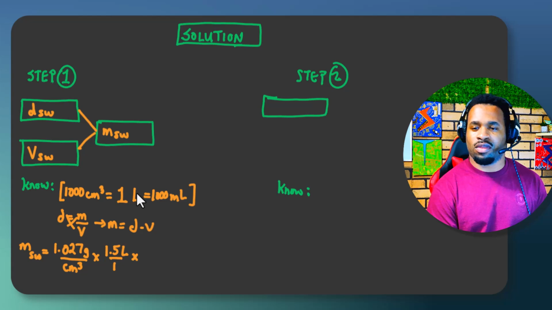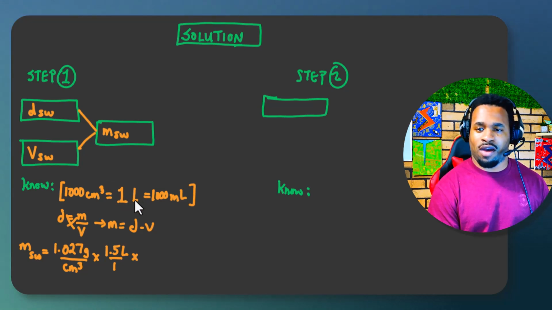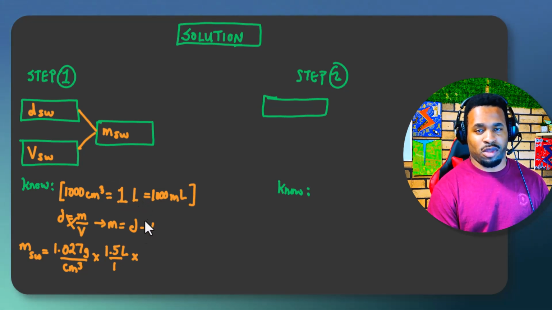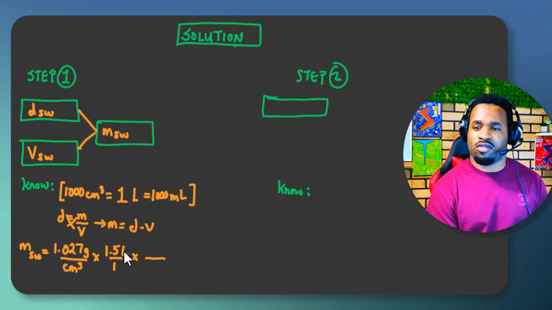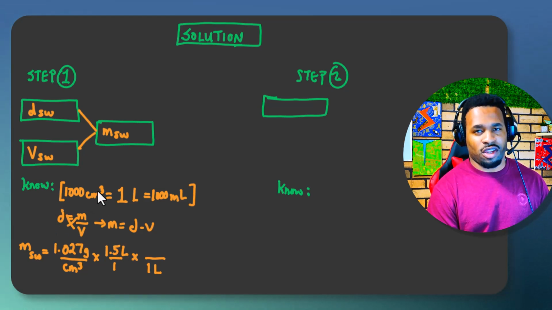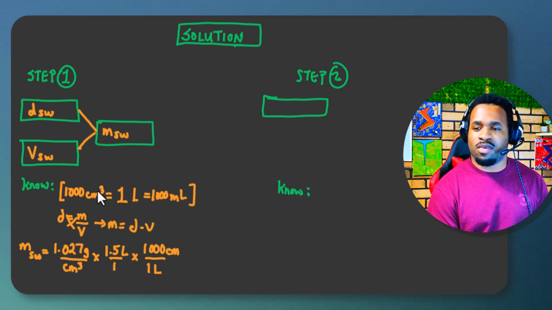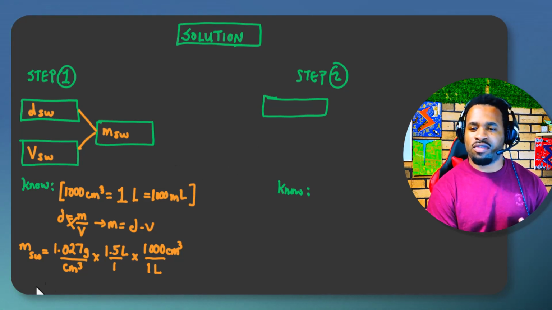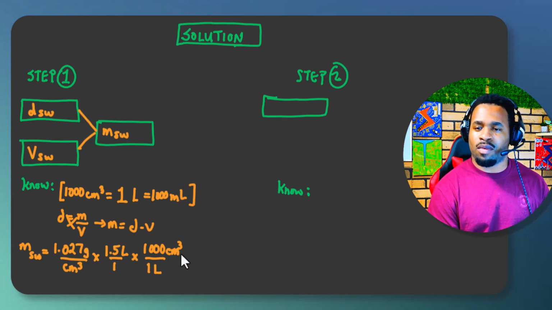We put the liters in the denominator to cancel out the liters, over 1 liter, and our numerator is going to be the centimeter cube, which is in this case 1000 centimeter cube.